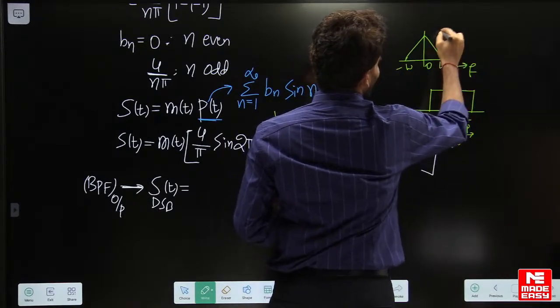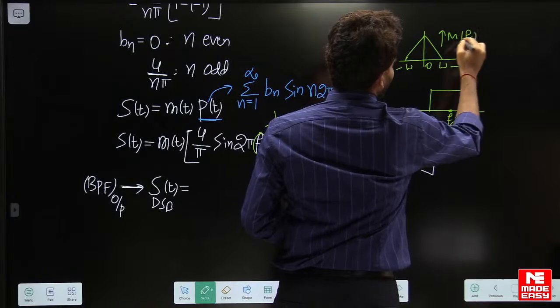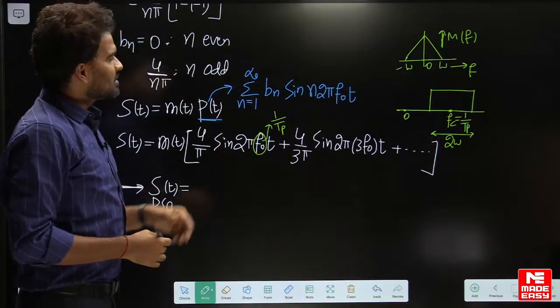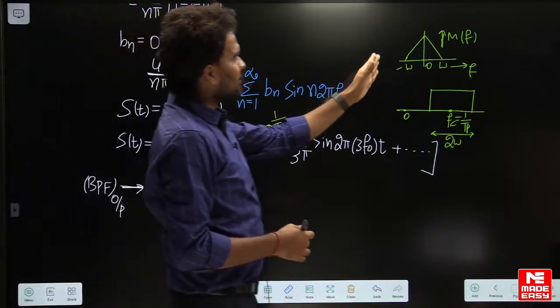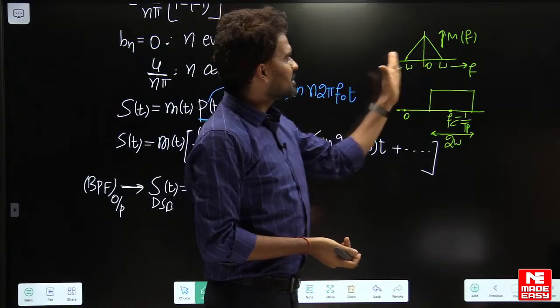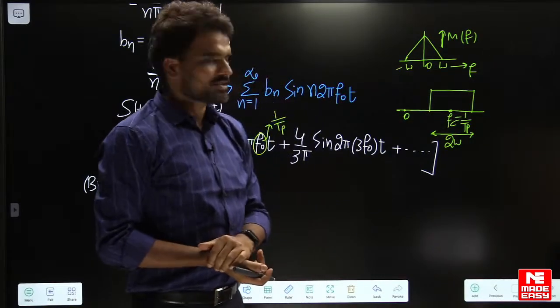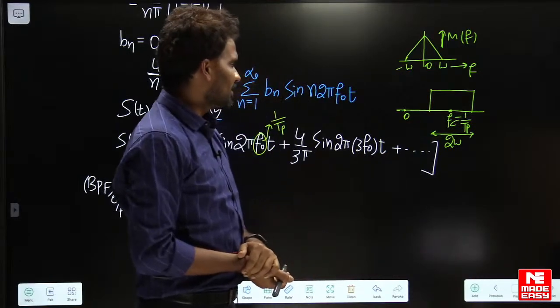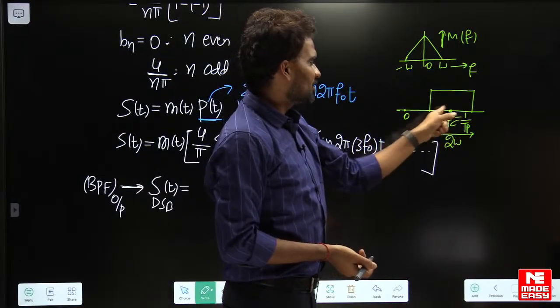Which frequency is present in m(t) sine 2 pi f naught t? The message spectrum shifted to the right by f naught, right by 1 by Tp. Then it covers f naught minus omega to f naught plus omega, where f naught equals 1 by Tp, of course.